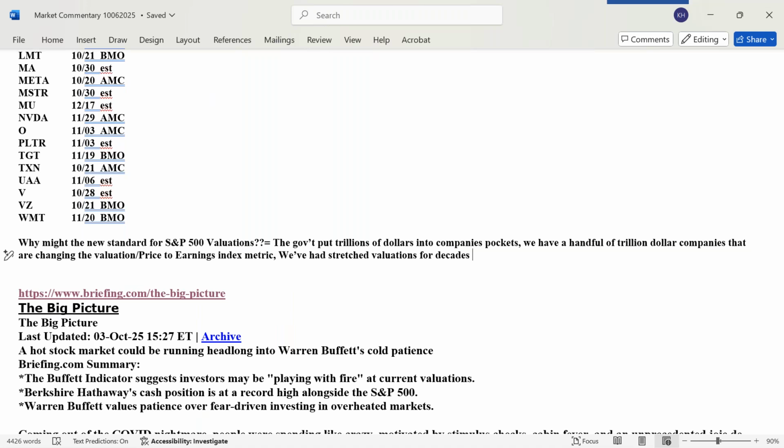The new standard, most likely for the S&P 500, should probably be 22.5 future times earnings. It's going back to 17 to 19.2. Dividends reinvested in M&A. It's a joke.